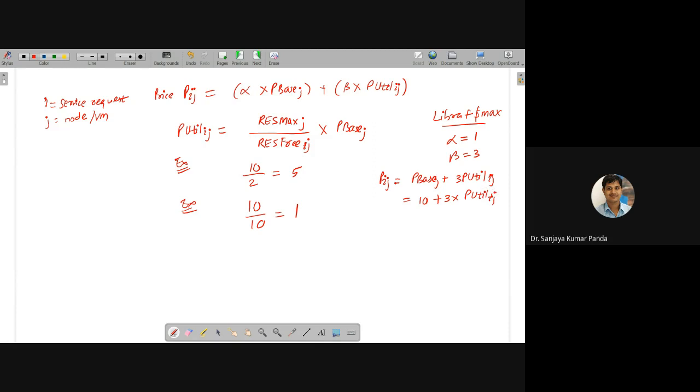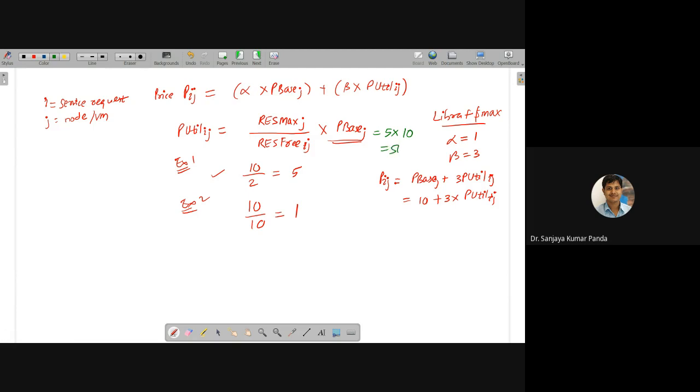Utilization of the ith service request in the jth node. And let's consider the first scenario. You have a maximum of 10 different nodes, but only 2 nodes are free. So you will get a factor of 5. If you multiply with the P base j, let it be example 1, example 2 to avoid confusion, it is nothing but 5 into P base of j, which is 10.